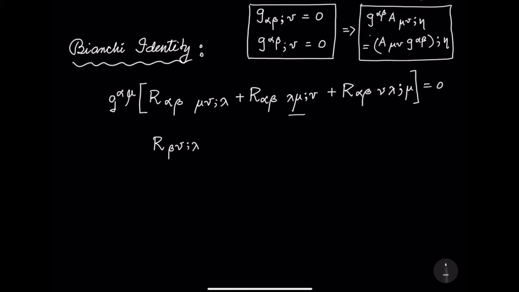But if I have to change it to mu lambda, I will get a minus sign for that as a penalty. So this will be minus R_{beta lambda; nu}. And in the last term, I can just bring it upstairs and make it mu, but I cannot do much because it is a derivative with respect to mu. And obviously, this is also 0.